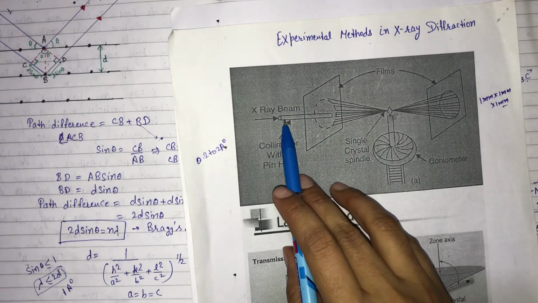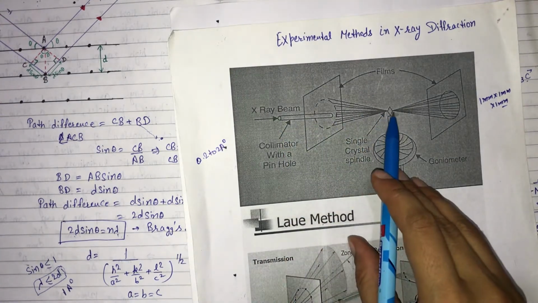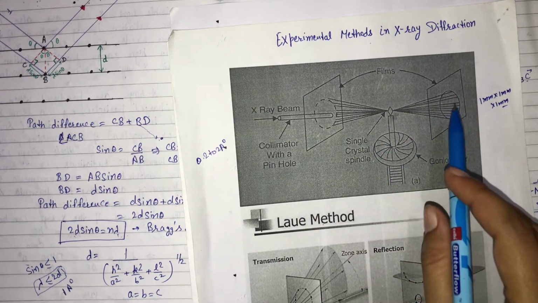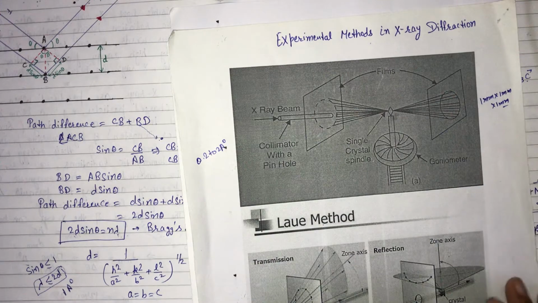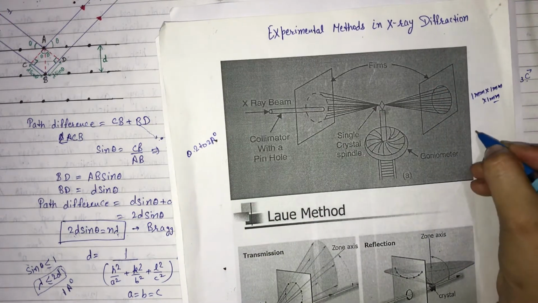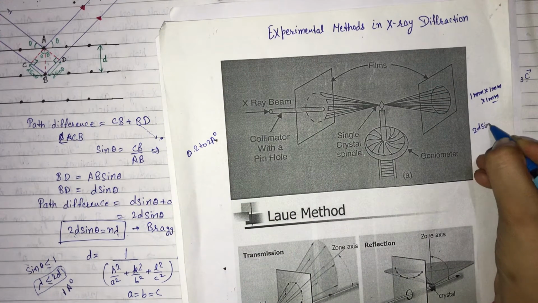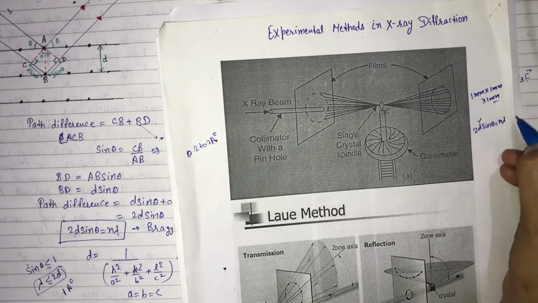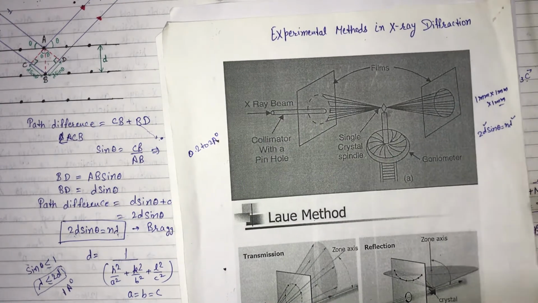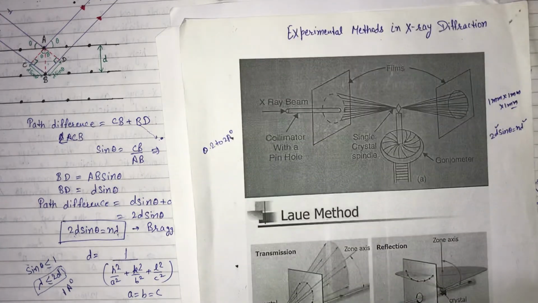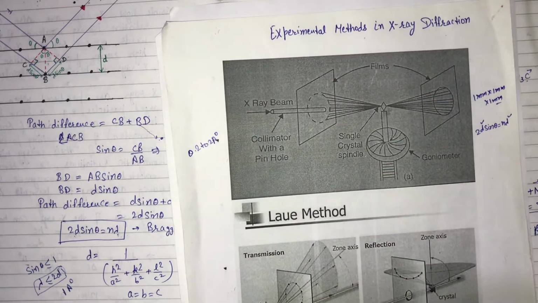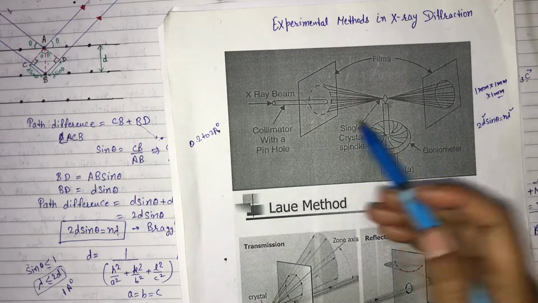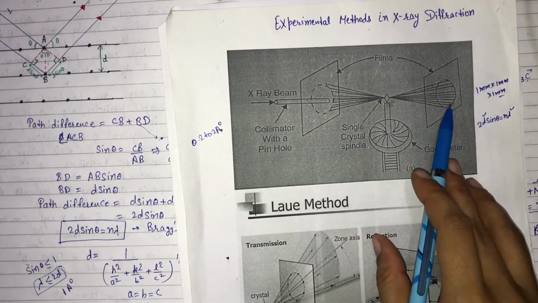When these radiations interact with the crystal planes, for certain values of lambda and d for which Bragg's law is satisfied, 2d sin theta equals n lambda, we get diffraction patterns on the photographic film. As you can see, two photographic films are placed here.